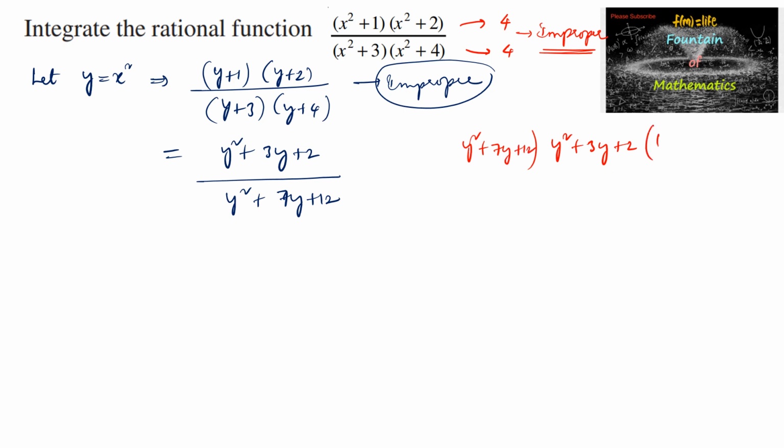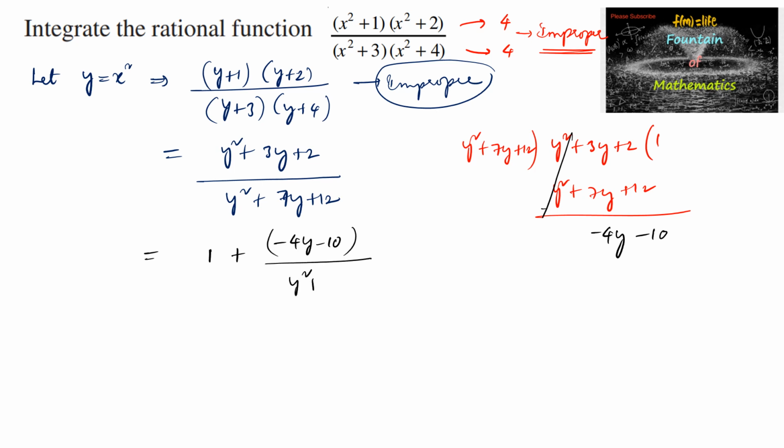So 1 time we'll get y square plus 7y plus 12. On subtraction, you will get 3y minus 7y is minus 4y and 2 minus 12 is minus 10. So we can write this expression as 1 plus (minus 4y minus 10) upon (y square plus 7y plus 12).